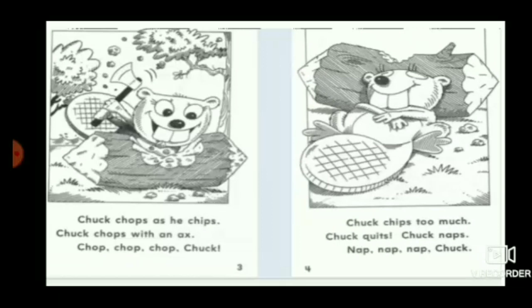Chuck chops as he chips. Chuck chops with an axe. Chop, chop, chop, Chuck. Chuck chips too much. Chuck quits. Chuck naps. Nap, nap, nap, Chuck.